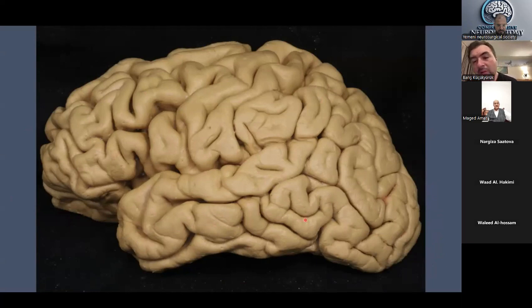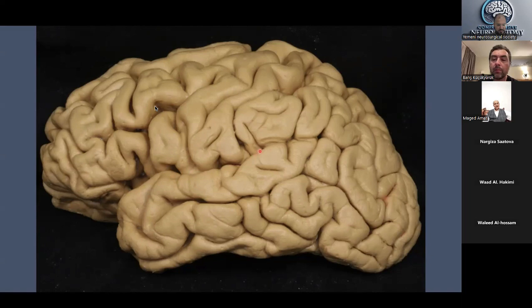As I said, the temporal lobe forms the cerebral cortex together with the occipital lobe, parietal lobe, and the frontal lobe. It is located over the middle fossa inferiorly and the greater sphenoid wing anteriorly. Superiorly, the temporal lobe is limited by the Sylvian fissure.